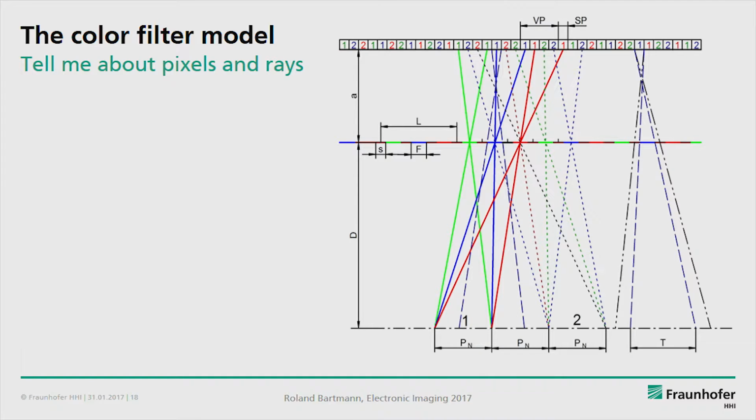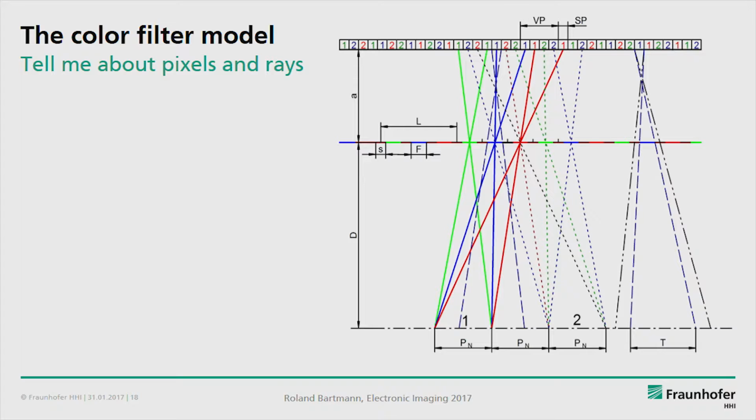Okay, so how is the model? You saw this animation, and this is the top view of the system. There is the image splitter, the pixel plane, and here's the color filter image splitter.